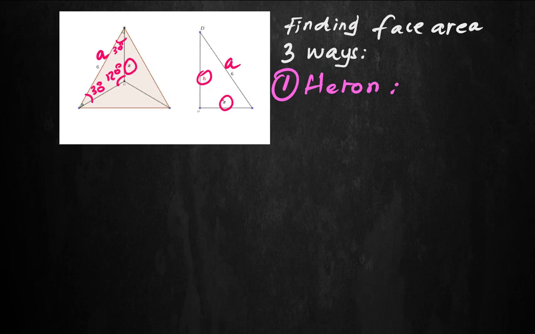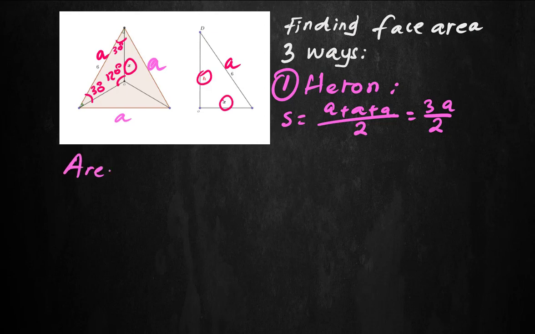So the Heron formula bases itself on the 3 sides, and incidentally here all 3 sides are the same. So if we find the semi-perimeter, it will be 3 times A over 2. Otherwise, A plus A plus A over 2 is 3A over 2. And then, easy to find the face area using the Heron formula.